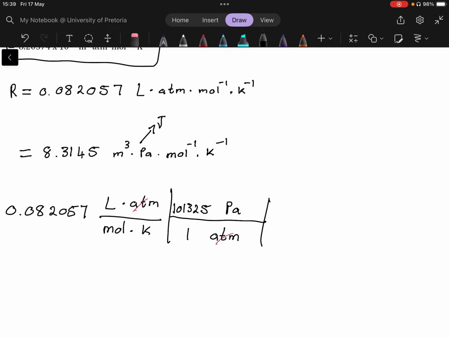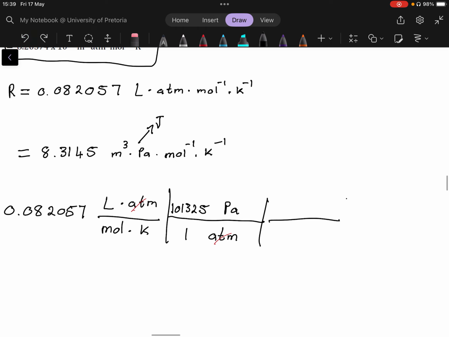The next thing we need to get rid of is the liter. We want to get rid of liter, and we want to end up with cubic meter. And in 1 cubic meter, there are 1,000 liter. So then we get rid of the liter unit.